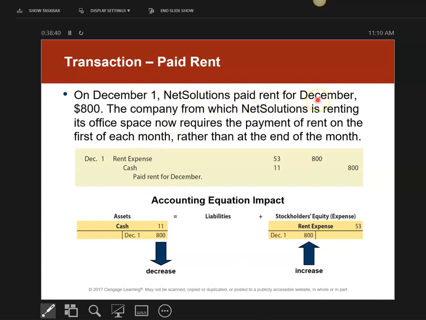I paid rent for $800. I spent money, so I credit cash and I debit my rent expense. And here's what it looks like on my T accounts. We're going to go through all of December's transactions, and then I'll show you what the ledger accounts will look like. Again, the journal entries are the most important things.